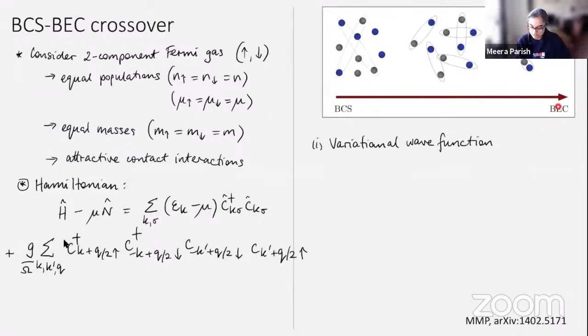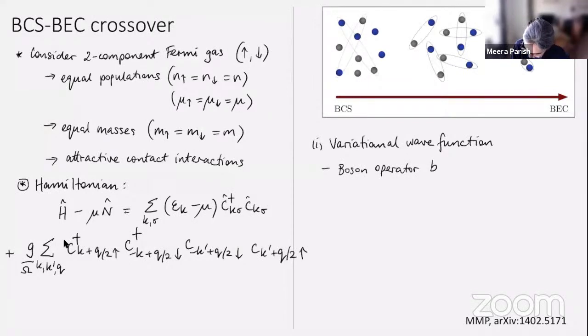So let's start from the BEC side. How would we describe this state? You can go deep into the BEC side, where you have very tightly bound dimers. So what you can do is define a boson operator, or rather the operator for a tightly bound state of a pair of these particles.